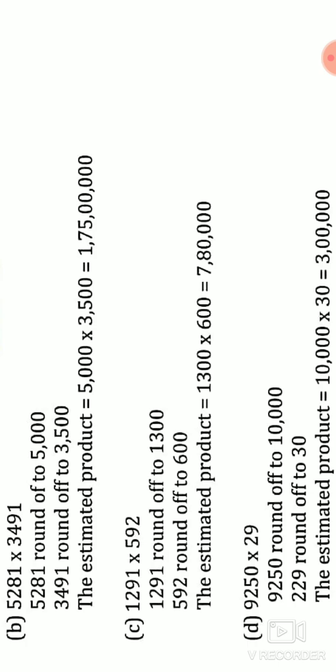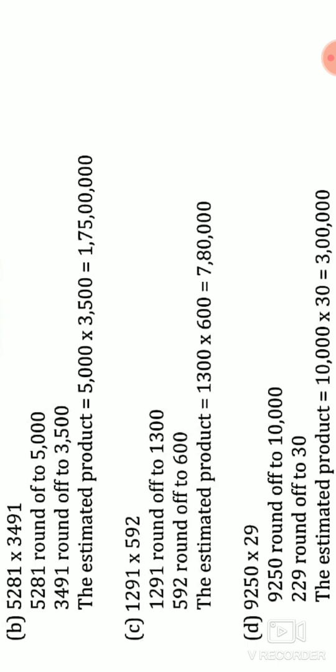Then the remaining numbers are 5 into 35. 35 fives are 175. Therefore write 175 and 5 zeros as it is.